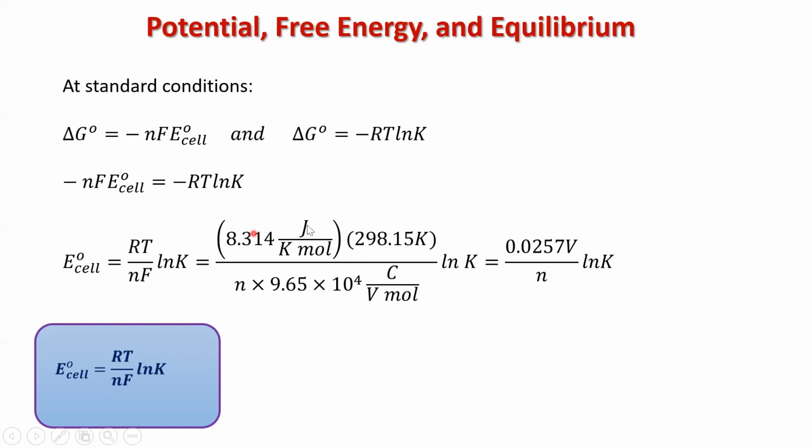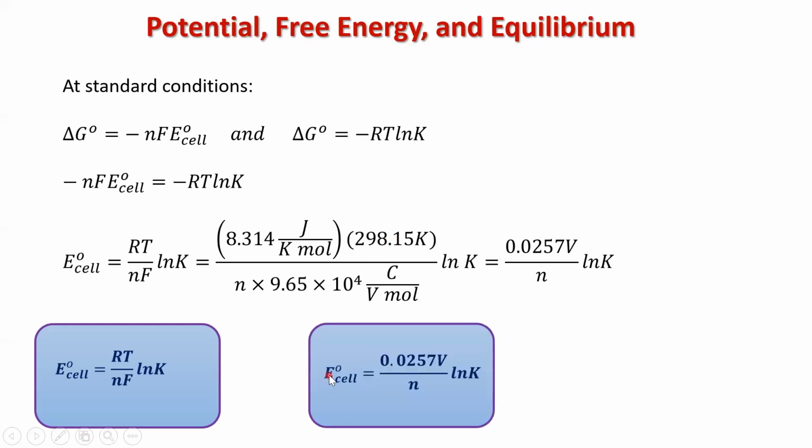It's just taking the three constants and putting them together in one constant. We can summarize this by saying that the voltage across a cell equals 0.0257 divided by N, the number of moles of electrons, times ln of K.